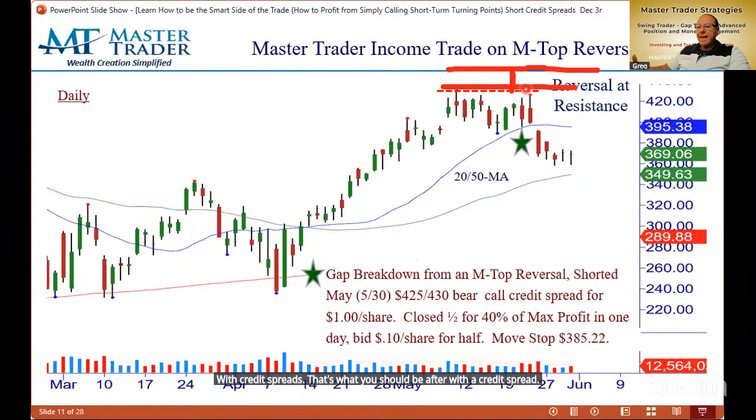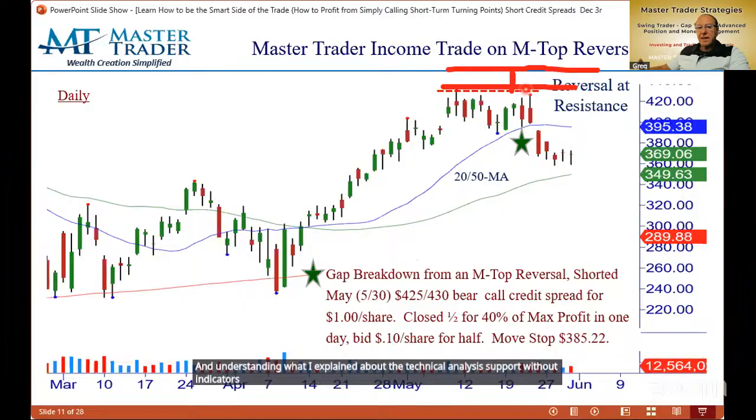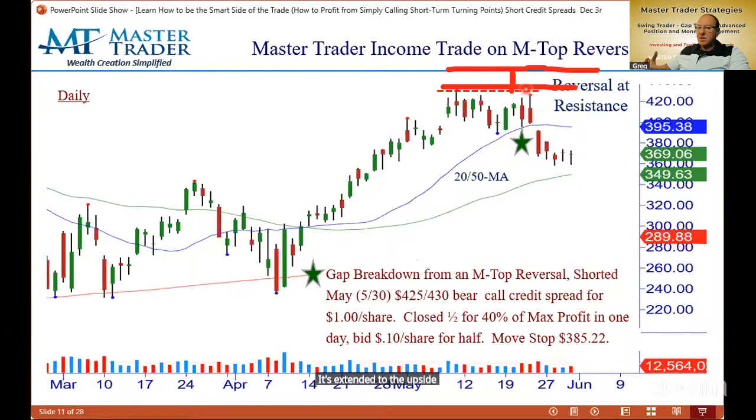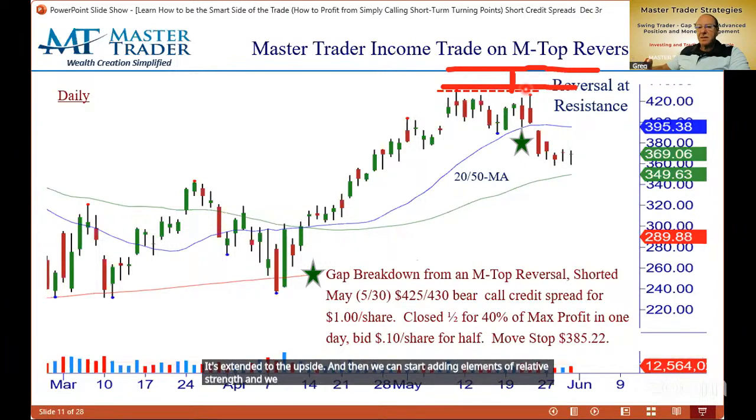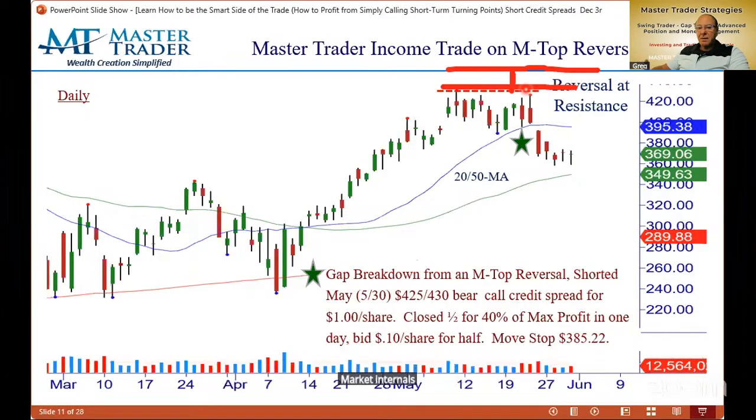And understanding what I explained about the technical analysis part without indicators, bar by bar analysis, retest reversals, it's extended to the upside. And then we can start adding elements of relative strength and weakness, what sector it is, market analysis, market internals, where's the market at, and all of these things that we look at come together to formulate an opinion.